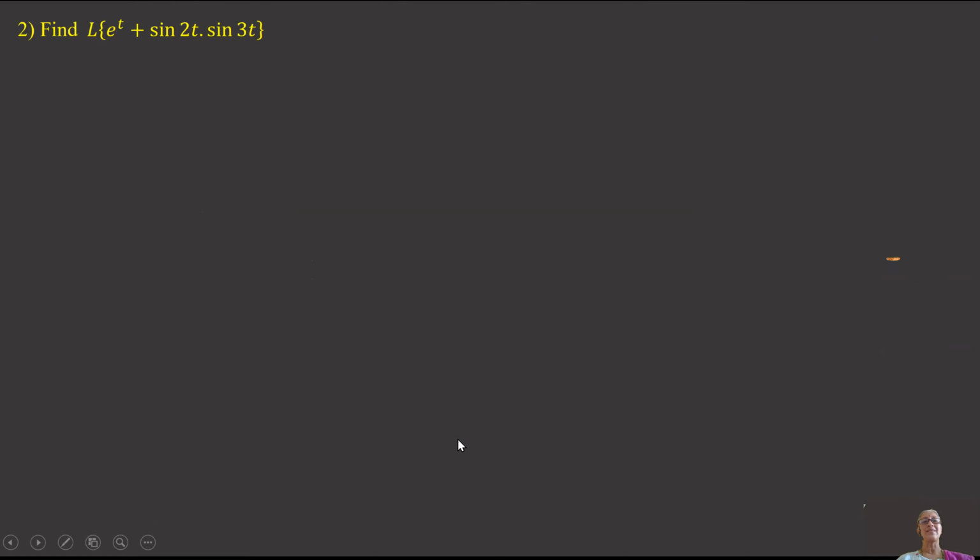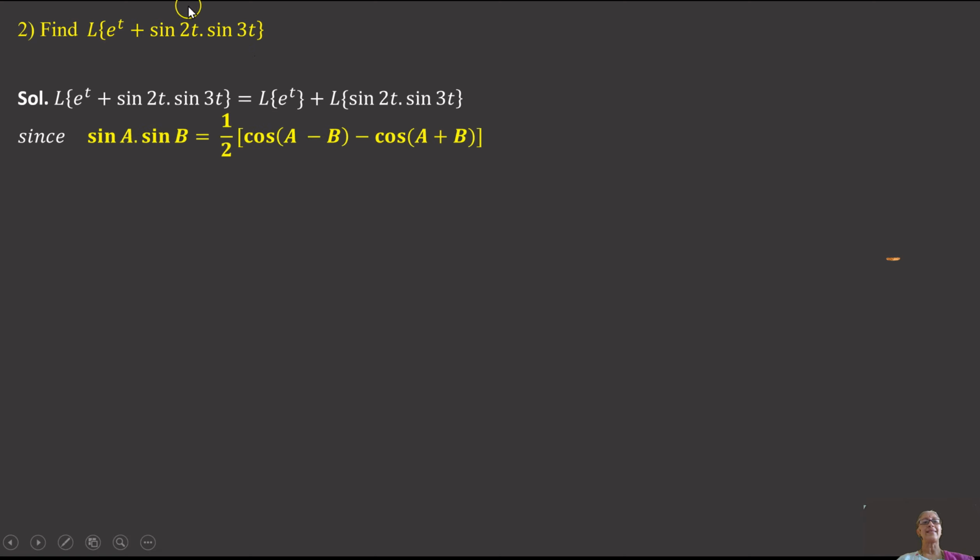Let us see one more example. Find the Laplace transform of e power t plus sin 2t into sin 3t. Here, before applying the Laplace transform, you have to simplify sin 2t into sin 3t using a trigonometric identity. The trigonometric identity is sin a into sin b equals half of (cos of a minus b minus cos of a plus b).